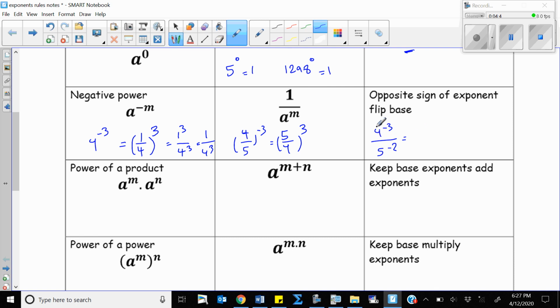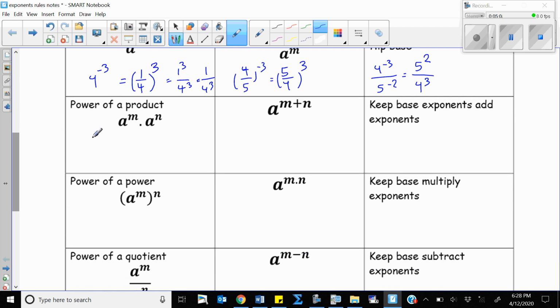That means if I have a 4 on top, I'm going to flip that and move it to the bottom and then write it with a positive power. And this one, 5, is in the bottom. So I'm going to flip that and move it to the top. This will be 5. Now this time the power will be positive 2, not negative 2. So that's how we change the powers from negative to positive.